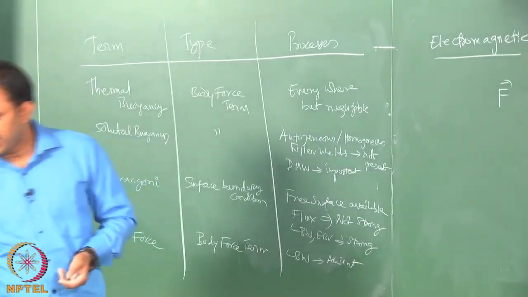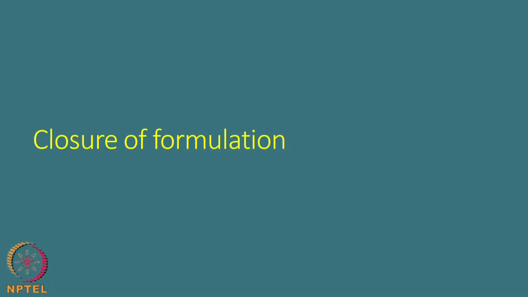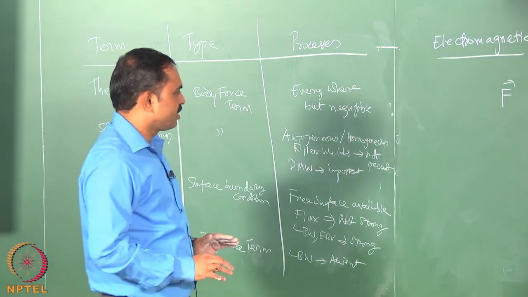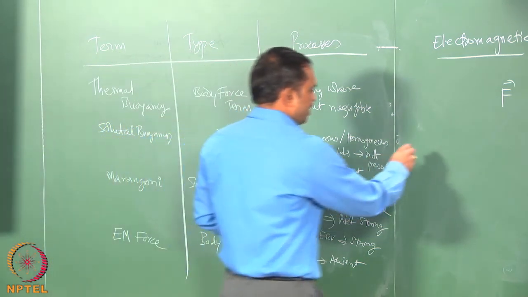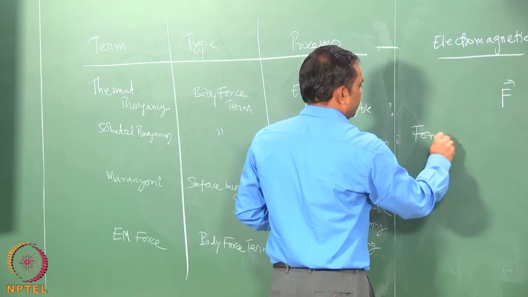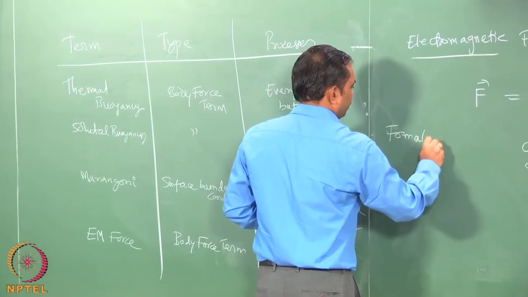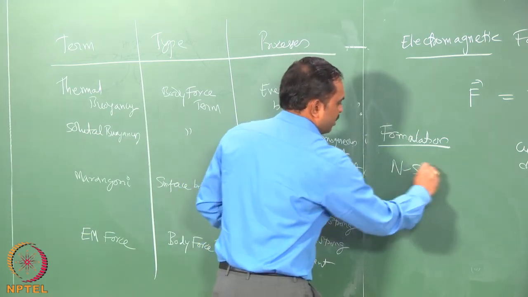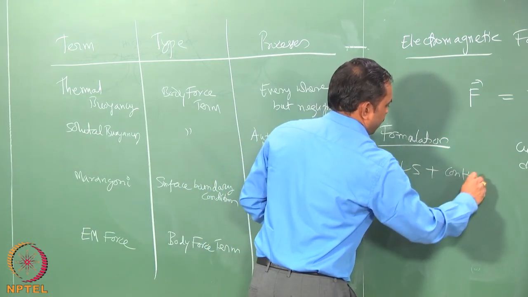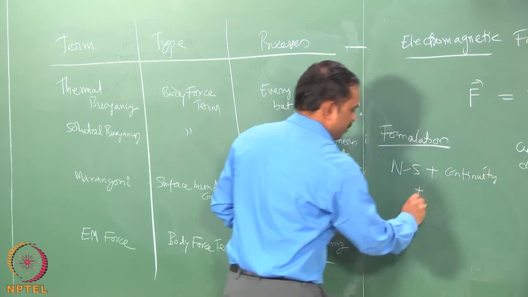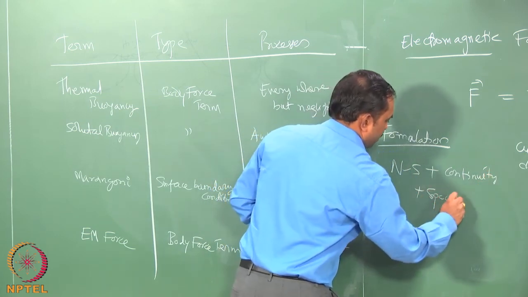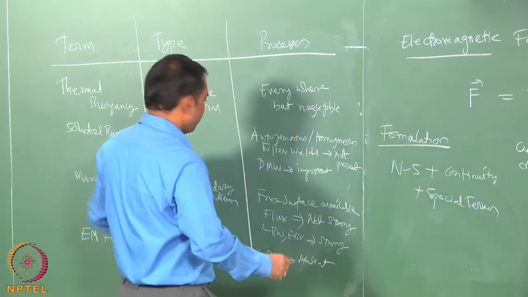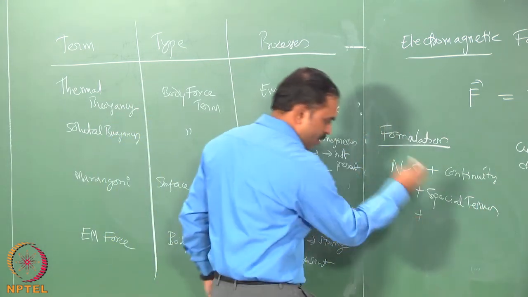Okay. So, with that I would summarize by closing the formulation. The formulation can be closed as saying that it is the Navier-Stokes equation plus continuity plus special terms which are like this, plus the boundary conditions.